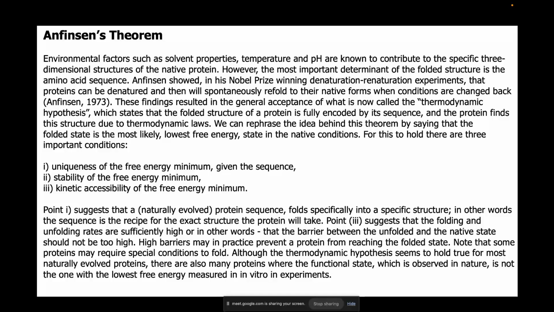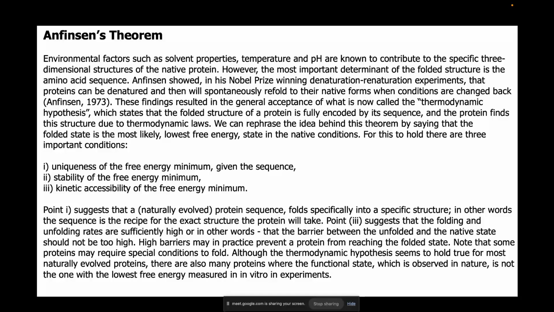In case of the third point, which is the kinetic accessibility of the free energy minimum, it suggests that the folding and unfolding rates are sufficiently high, in other words, that the barrier between the unfolded and the native state should not be so high, right? High barriers may, in practice, prevent a protein from reaching the folded state, because if you remember, in the delta G graph, if you move from one state to another, you have to cross the activation energy barrier, right?